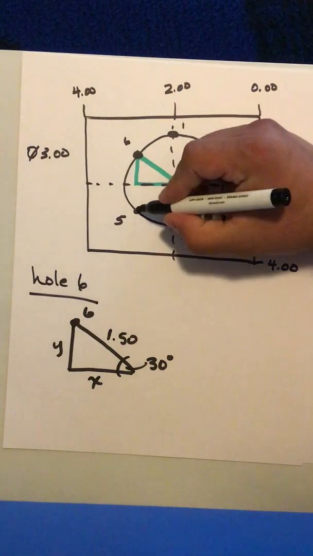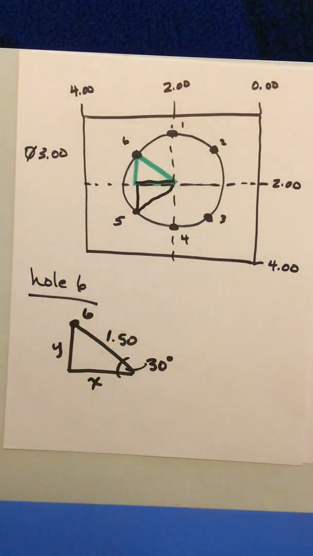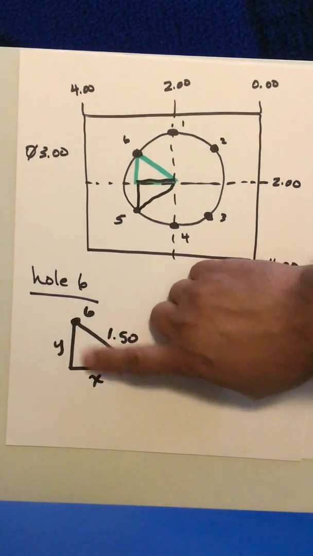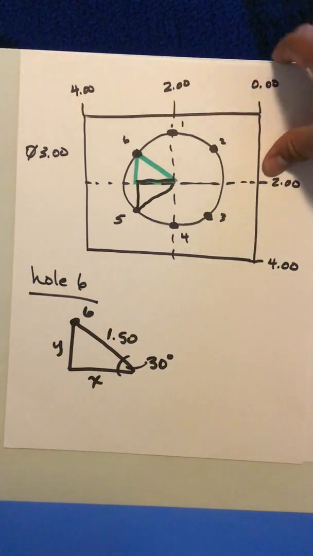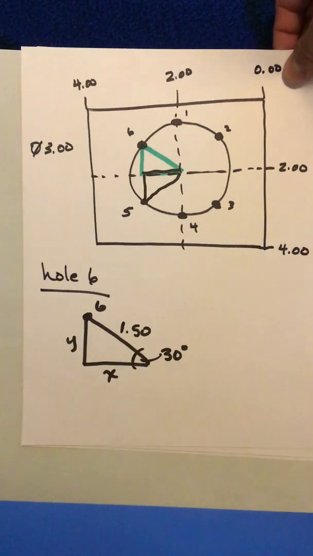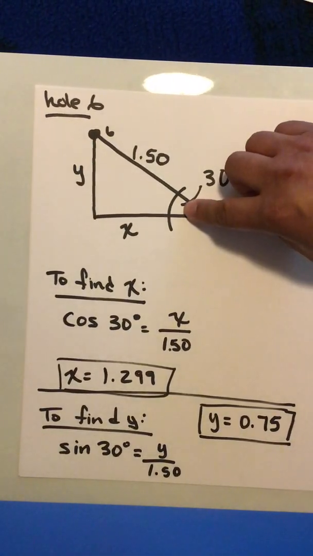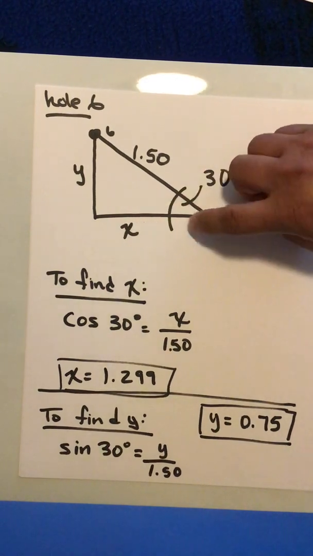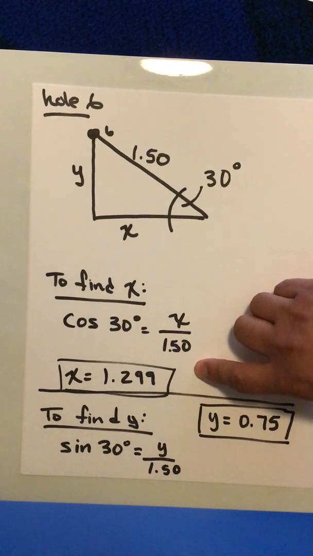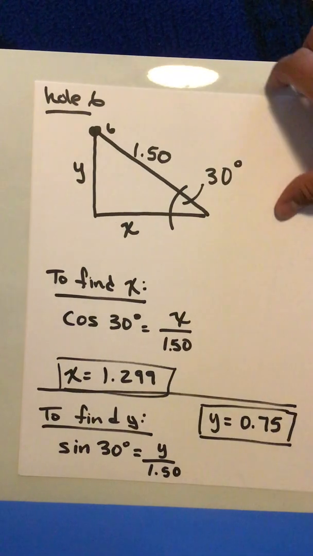What I'm doing is just taking this triangle that I found from right here and flipping it to the other side. If I did that, this is what I got as my setup. It's mainly the same thing again. We're just reversing it. Using this as my reference angle, 30 degrees, to find x, that'll be adjacent over hypotenuse. This gives me that. And finding y, that'll be opposite over hypotenuse, which gives me that.